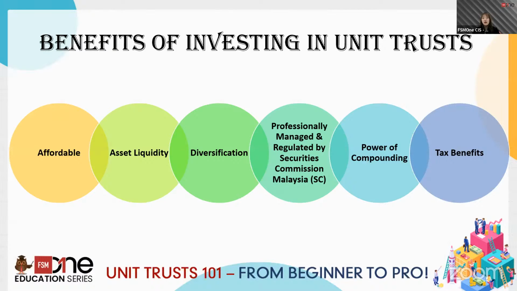The fund manager can trade in investment products that are normally inaccessible to the individual investor, such as government bonds, corporate bonds or stocks that cost much more for just one lot. So with a unit trust fund, an individual investor can enjoy the benefit of these investment products with a small capital outlay.